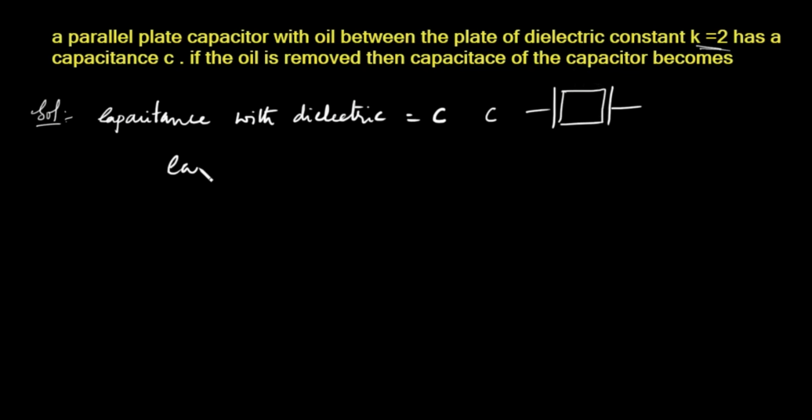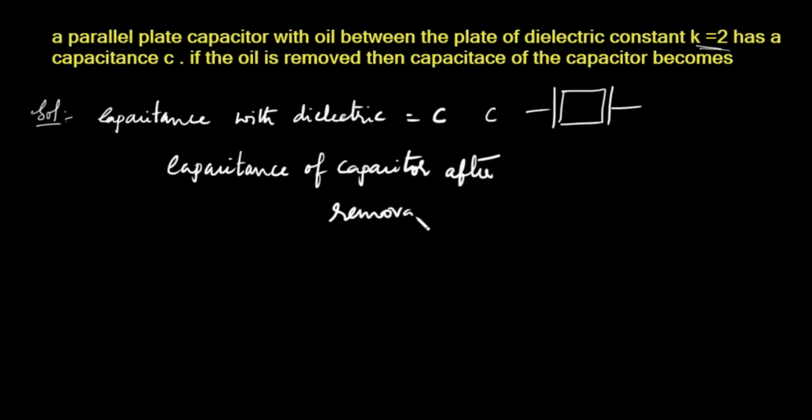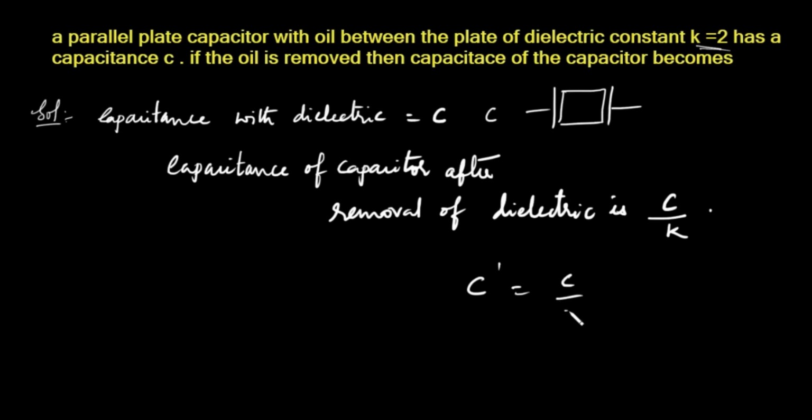So the capacitance of the capacitor after removal of the dielectric is C by K. The K value is equal to 2, so the capacitance without the dielectric is equal to C by 2. So C by 2 is our answer.